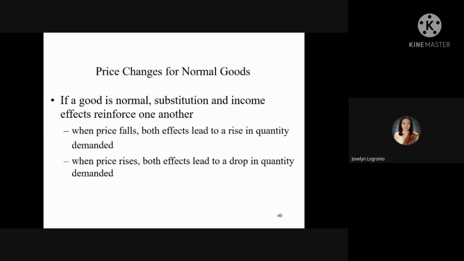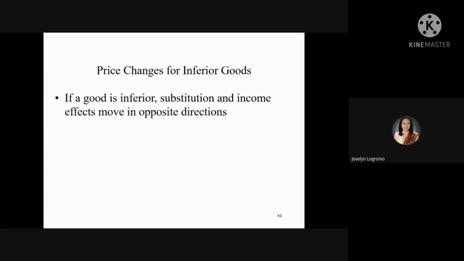What about if the good is not a normal good? So if a good is inferior, di ba? There are two types of goods, normal and inferior. So if a good is inferior, then substitution and income effects move in opposite directions.